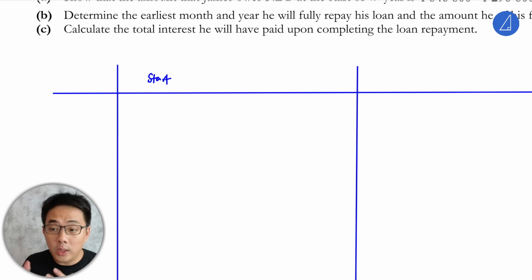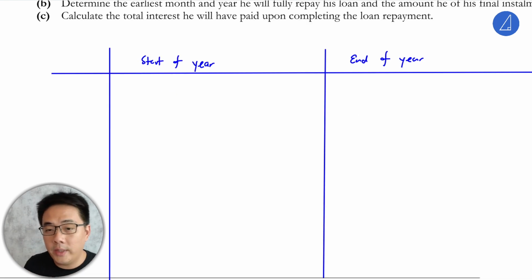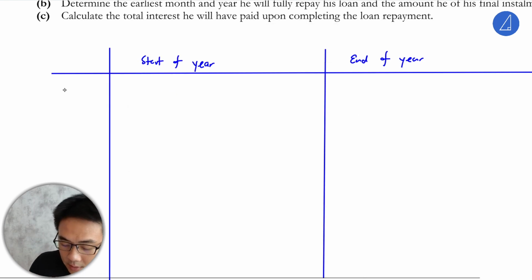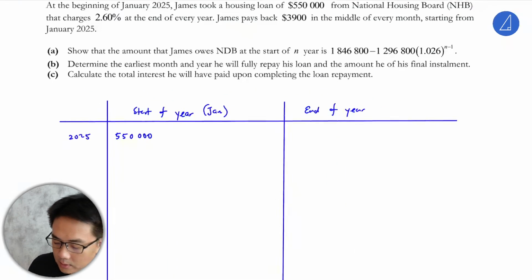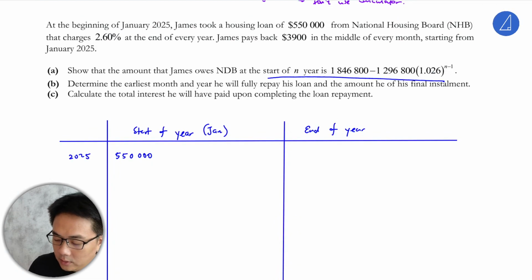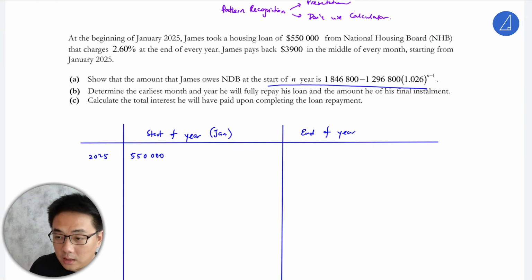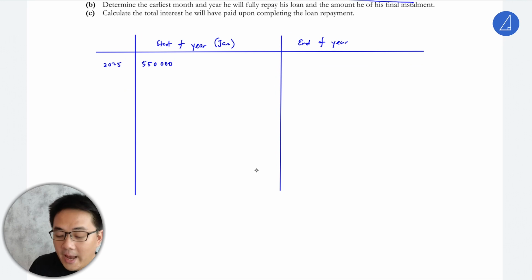Start off by drawing columns like this. So what we need to understand is, initially, at the start of the year, this is January 2025, you start off with 550K. So we need to pattern recognize at the start of the year. We need to be able to see, at the end of the year, what is the start.